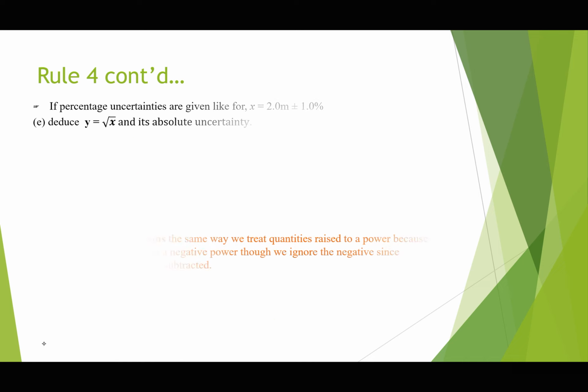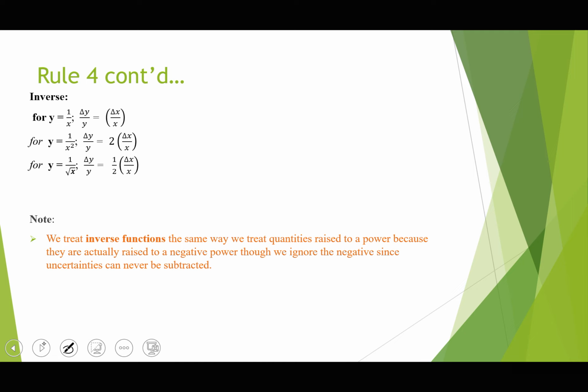And then next, the inverse. What do we mean by inverse? I think the precise way of saying inverse is reciprocal. But suppose you have quantities such as 1 over x or 1 over x squared or 1 over the square root of x. Let's begin with 1 over x.